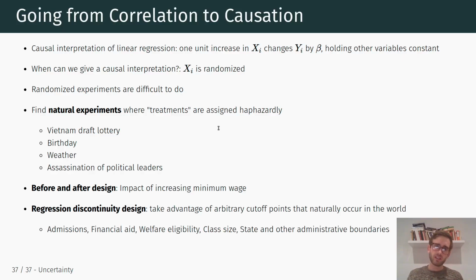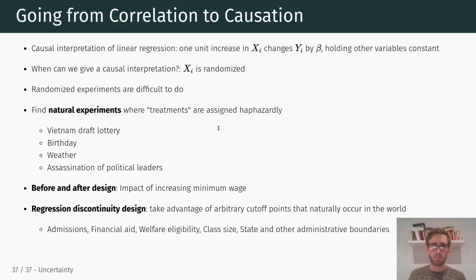And the last point, which is discussed more in the book and that you definitely should check out in more detail, is this idea of regression discontinuity designs, where we take advantage of arbitrary cutoff points that naturally occur in the world. One example is test scores as a deciding factor whether or not you get into a program, and then looking at test scores that are just above the threshold and just below the threshold to examine the effect of being part of a specific program.